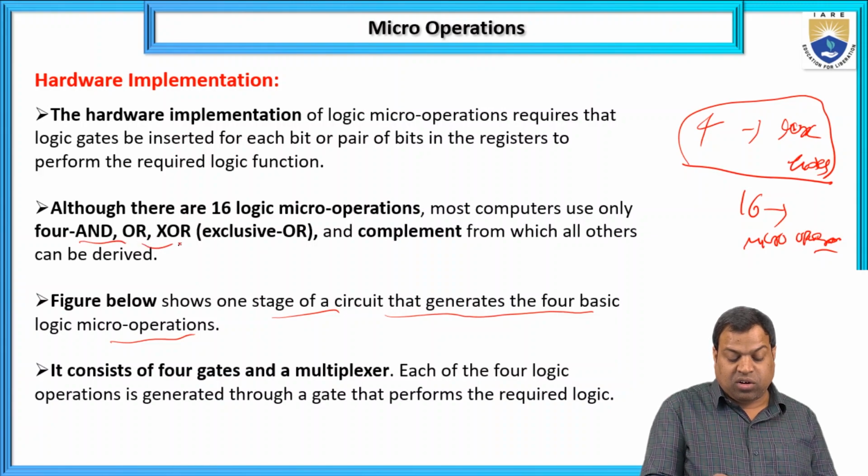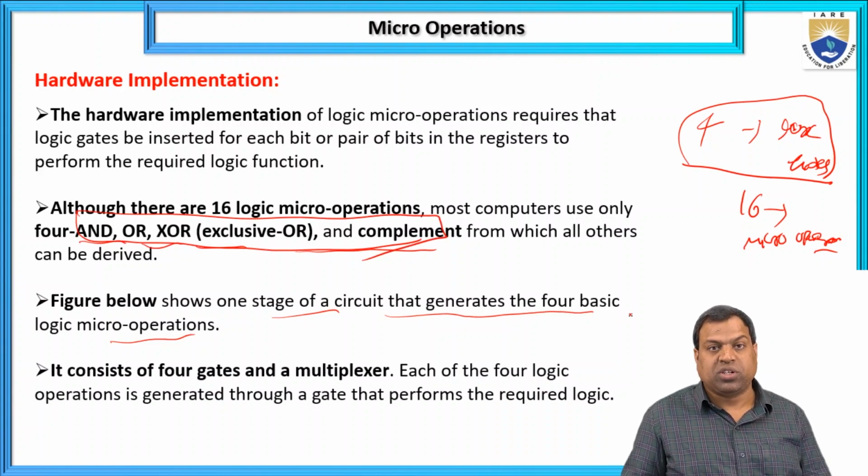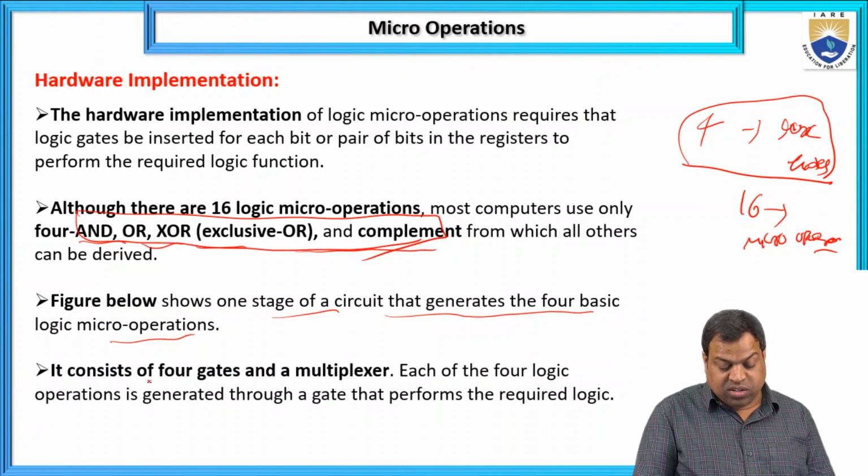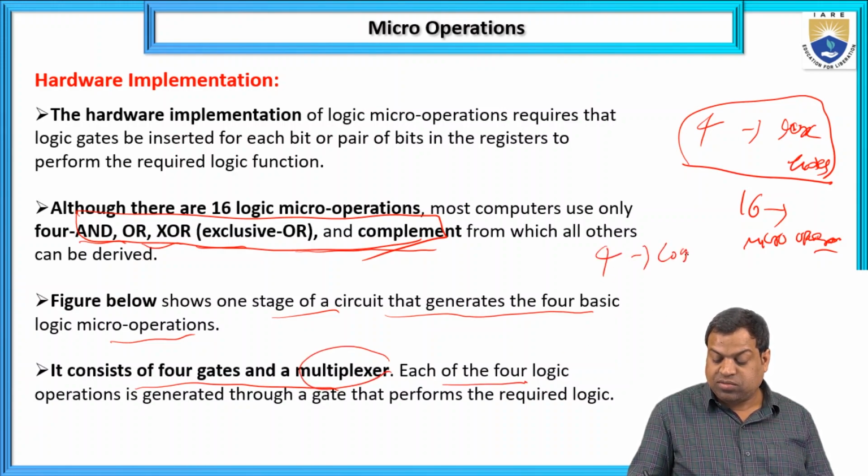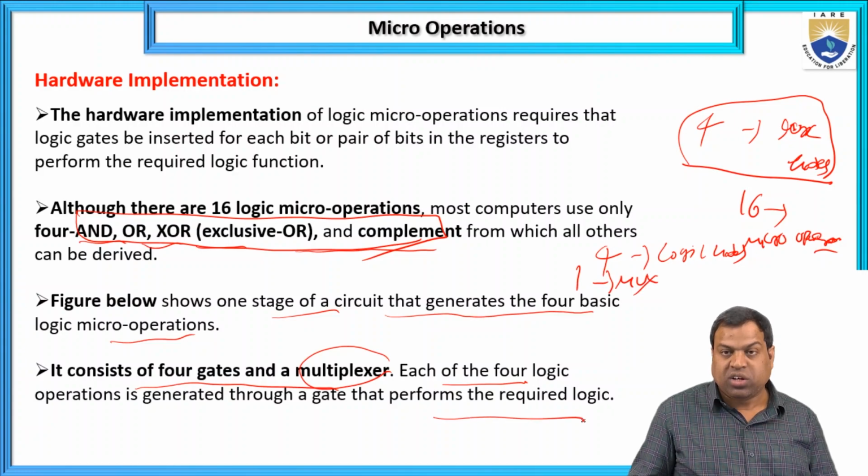I am taking AND, OR, XOR and complement. I am taking only 4 logic gates but performing 16 microoperations. And with the 4 logic gates, I am also using a multiplexer: 4 logic gates and 1 mux to perform the required logic.